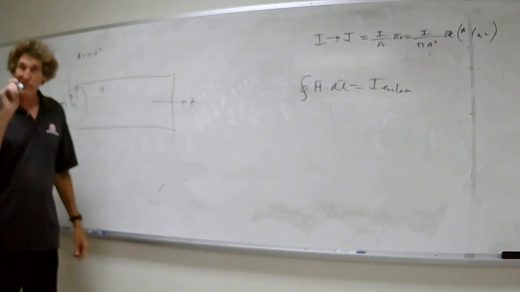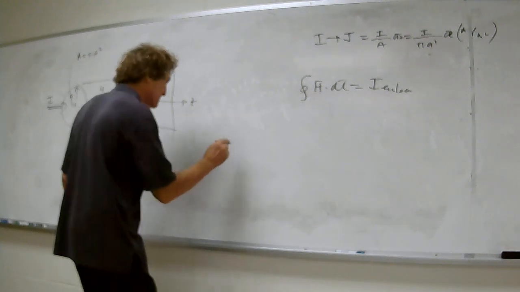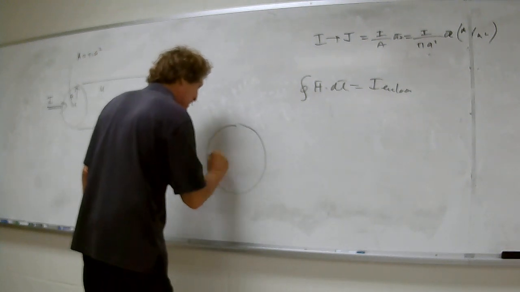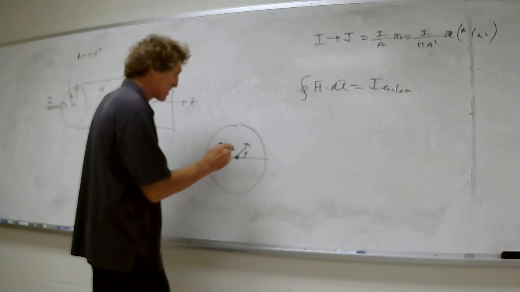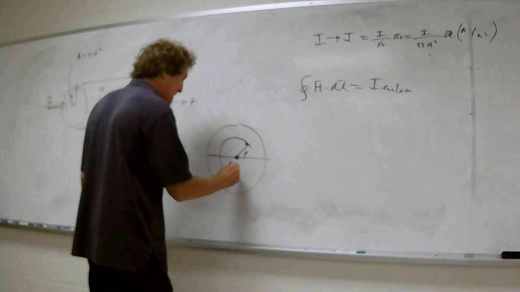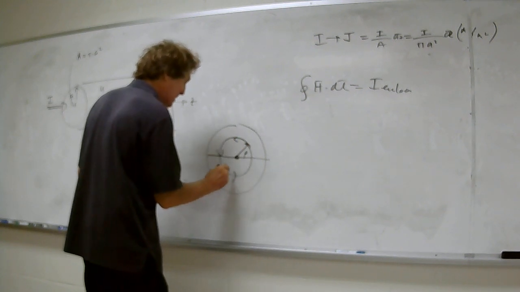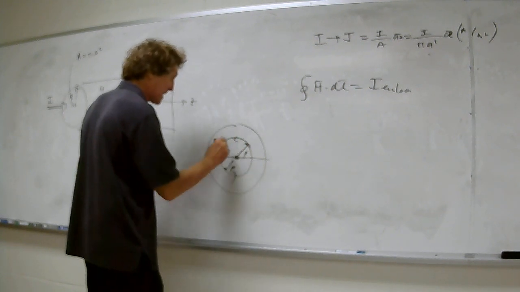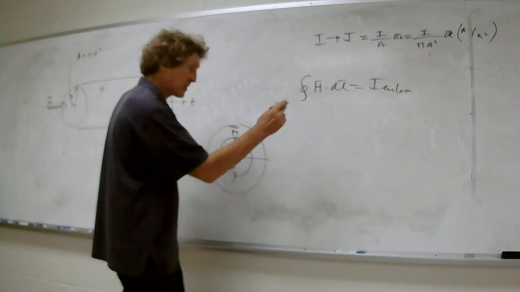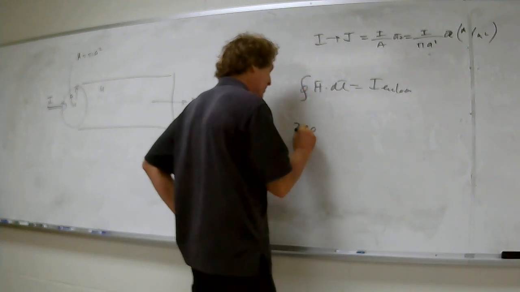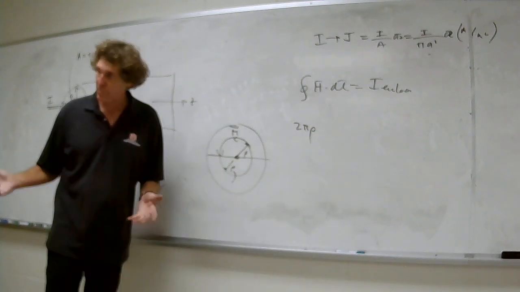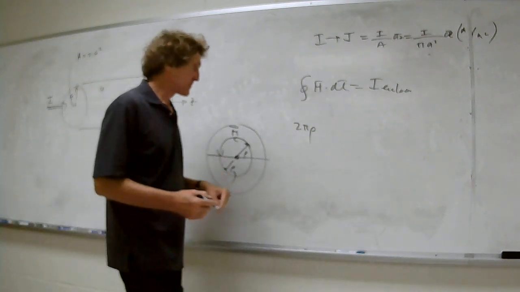If I take this and look right down the axis, I'm at a distance rho, with the z-axis coming out of the board, and there's my loop at some radius rho, and there's the H field. So the integral of H dot dl is going to be just 2 pi rho, the circumference or perimeter, times the H field.